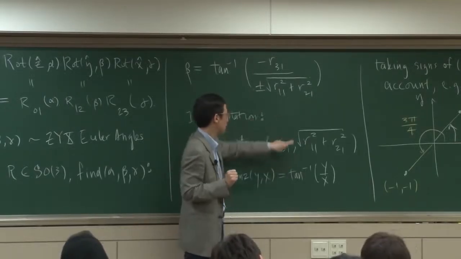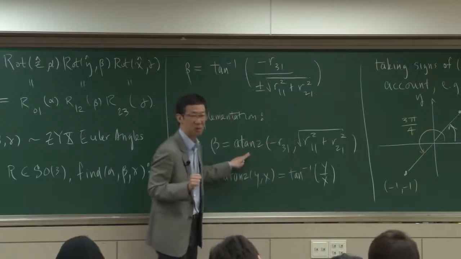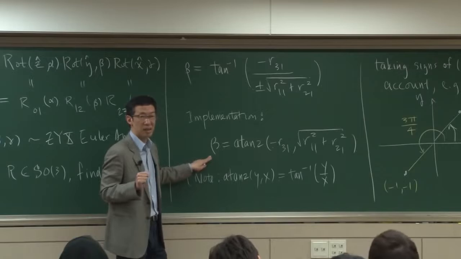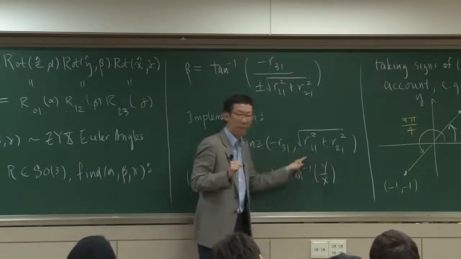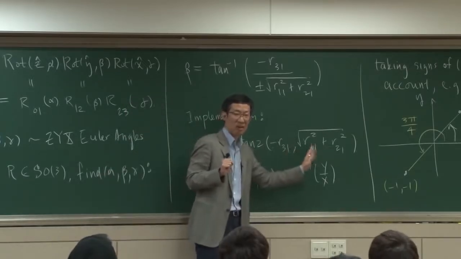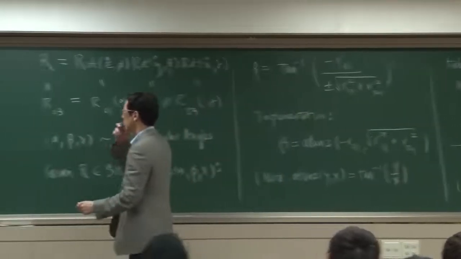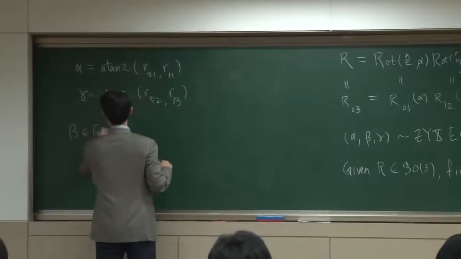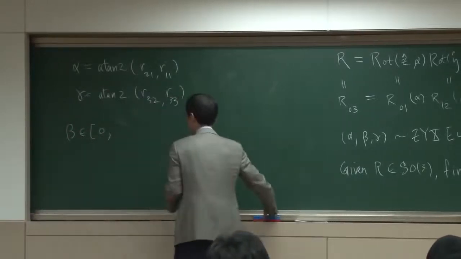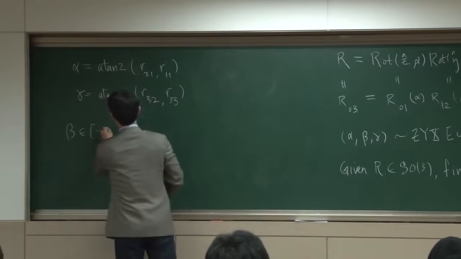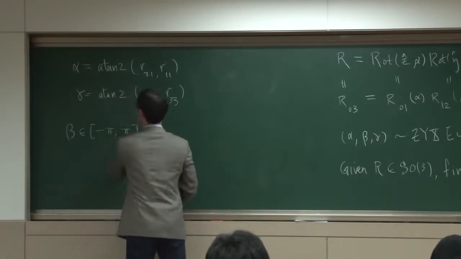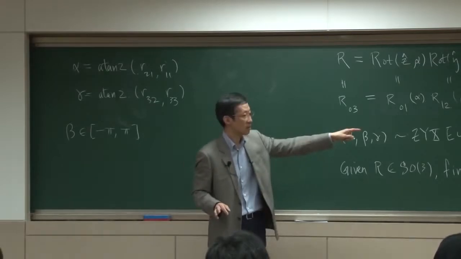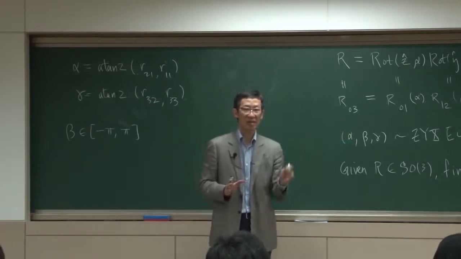If we take the positive version of this and apply Atan2, then you can see that the range of beta, this is always positive, is between minus pi and pi, because the x argument is always positive.